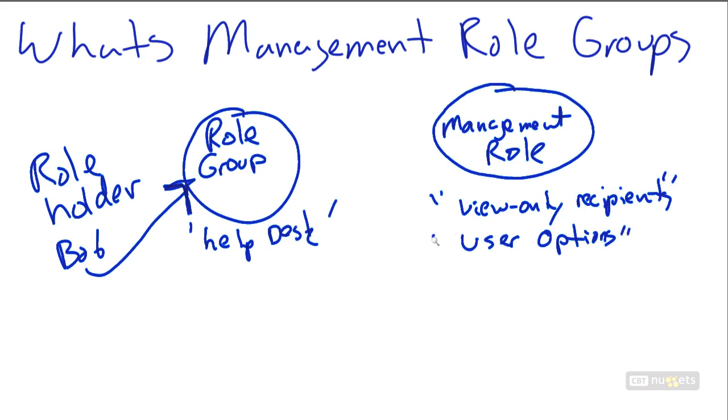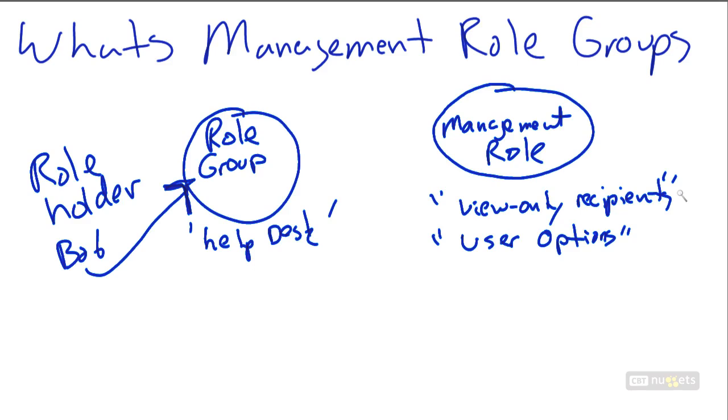And I want you to notice these are task-based permissions. So notice it's view only recipients information. I'm kind of making the name fit what I want it to be able to do. Now the management role itself is the name. So whatever you want to call it.